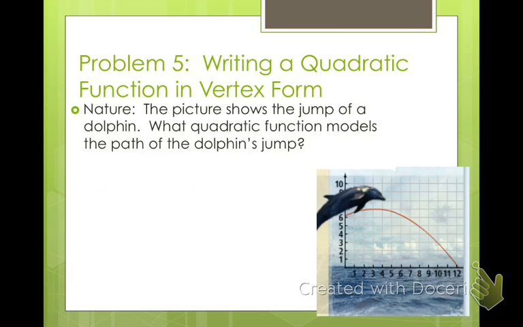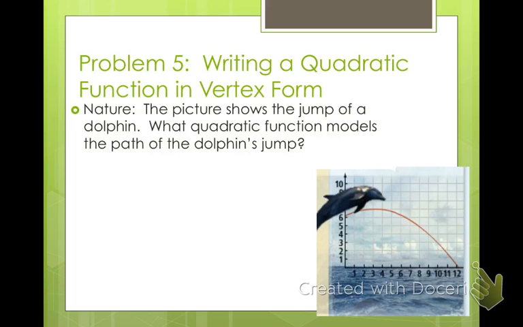Okay, and we can also use this to solve problems. So for this one, here we have a picture of a dolphin, and they kind of make a parabolic jump when they jump out of the water. Has everyone ever seen a dolphin jump out of the water before? It's pretty awesome. So let's go ahead and see if we can write a formula for this.